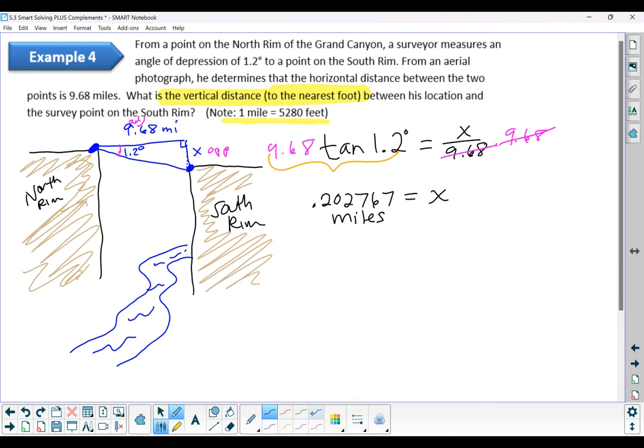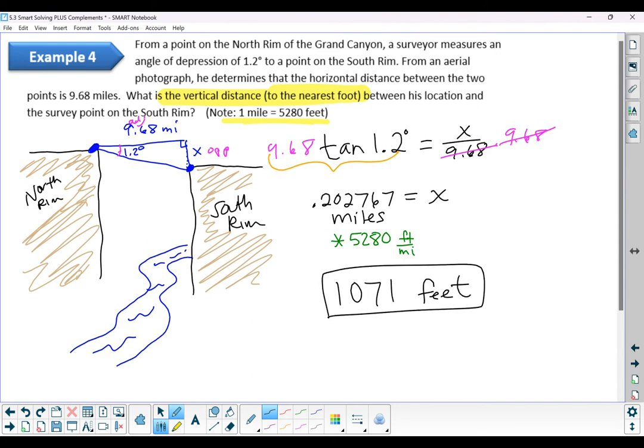So to get our answer in terms of feet, we just need to multiply our answer by 5,280, because there are 5,280 feet in each mile. So if we multiply by 5,280, we get that the surveyor is 1,071 feet higher than the point on the south rim.